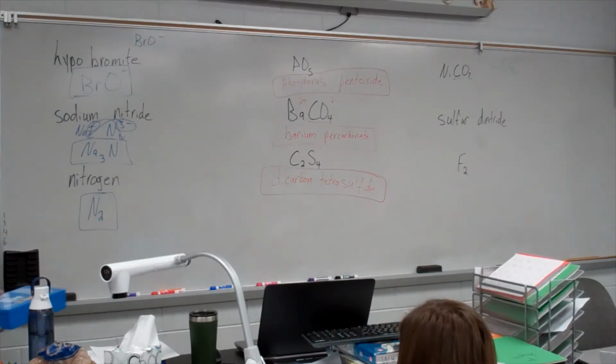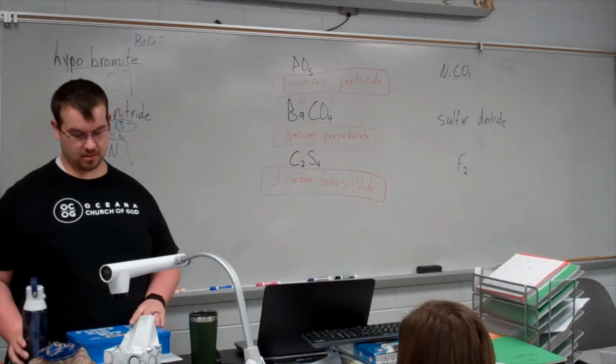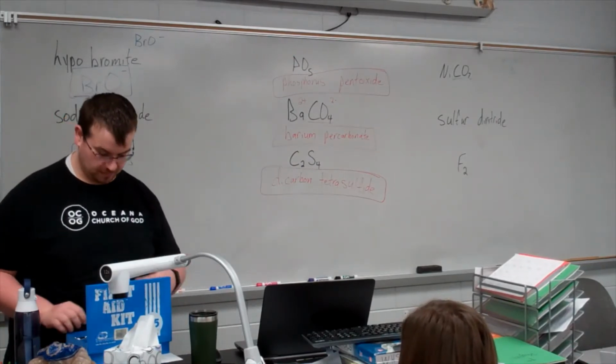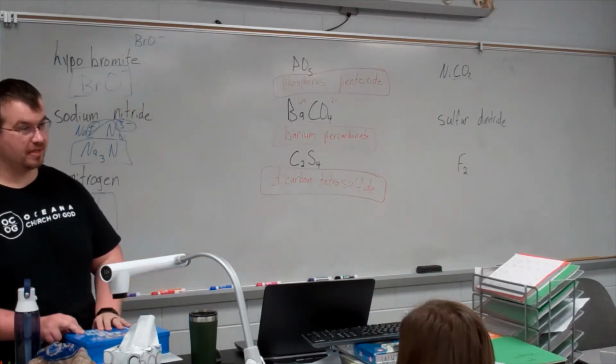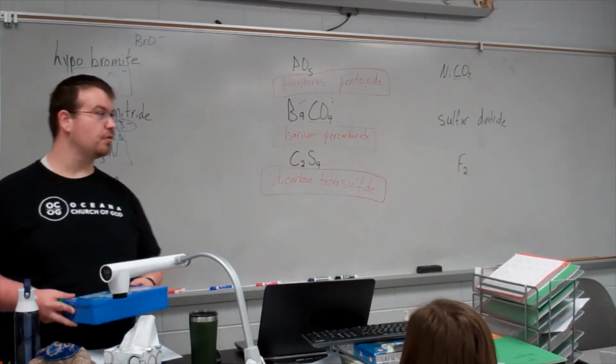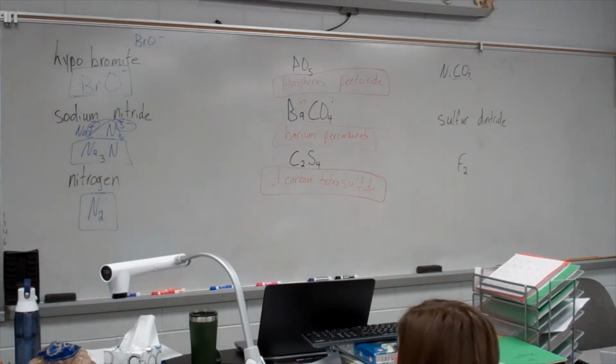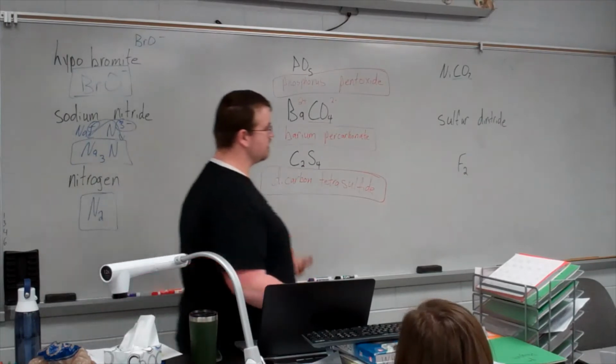Carbon. It just told me its name. Carbonate. And then that's the root, and then from there you break it out. So from there you know the charge of it.